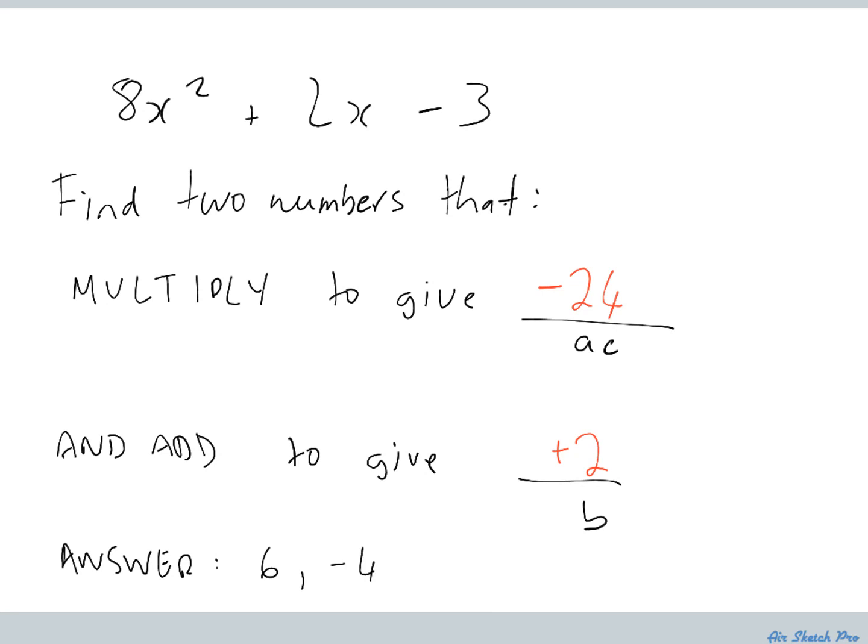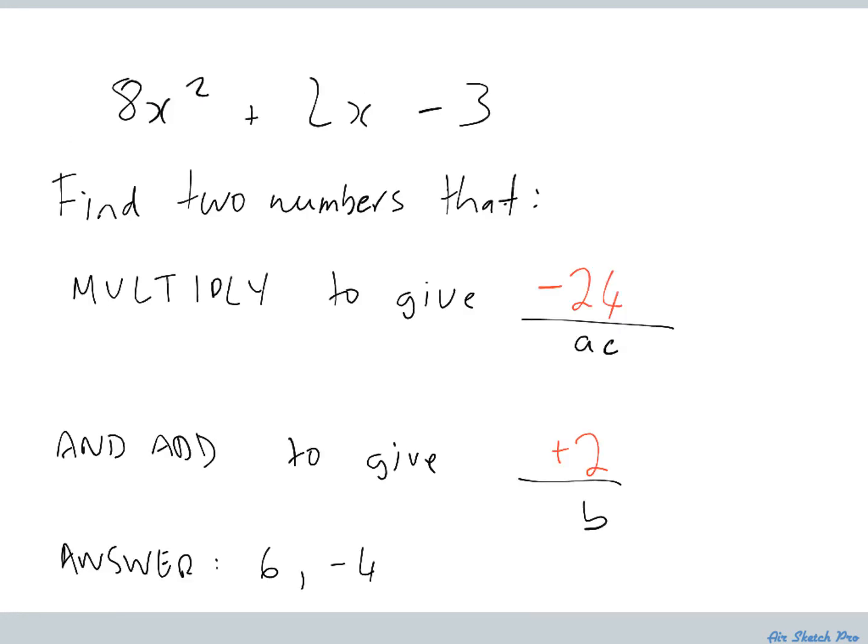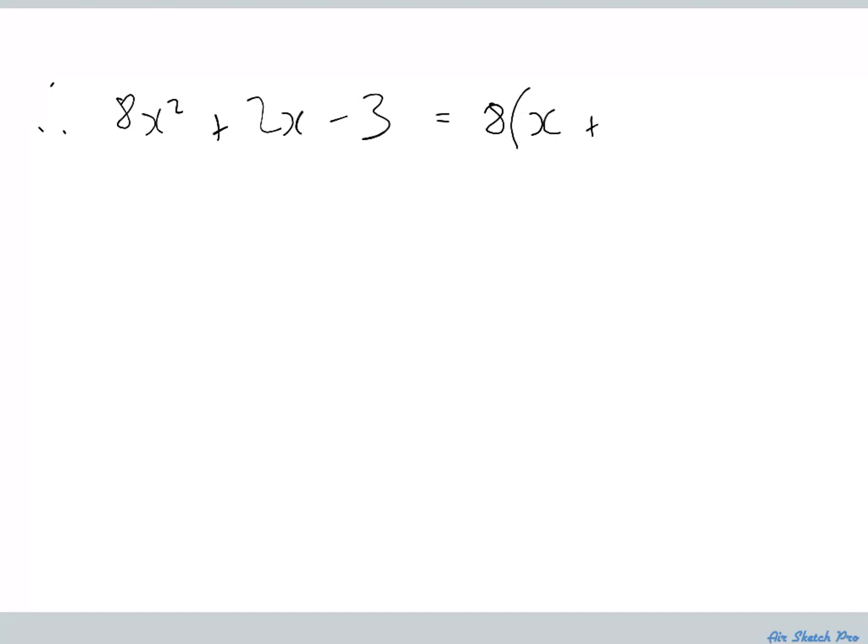This is the interesting thing, I think, is that we can say, so therefore, this is the mathematical bit, 8x squared plus 2x minus 3 is equal to 8 outside of x, and what have I got? 6 and -4. x plus 6 on 8, x minus, because it was -4, 4 on 8.